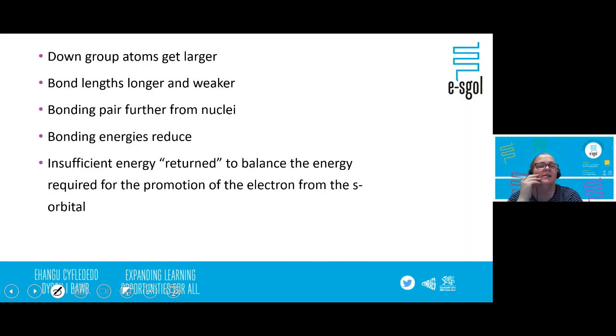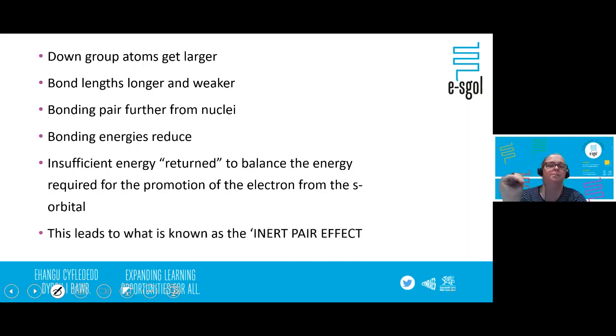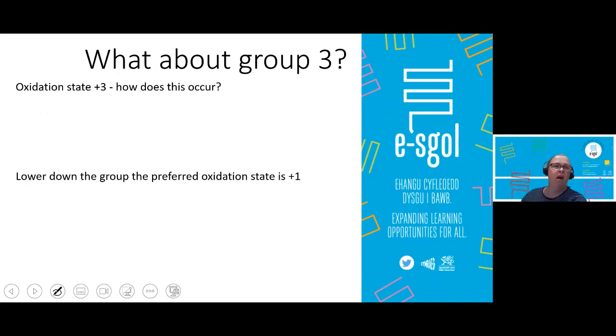The bonding energies as a result reduce, and there's insufficient energy returned to the system to balance the energy required to promote the electron from the s orbital. Okay, and because you don't get payback in a sense in this promotion, it doesn't occur, and that s pair remains inert or does not get involved in the reaction. Okay, so it's called the inert pair effect, which hopefully you're well familiar with and comfortable with by now.